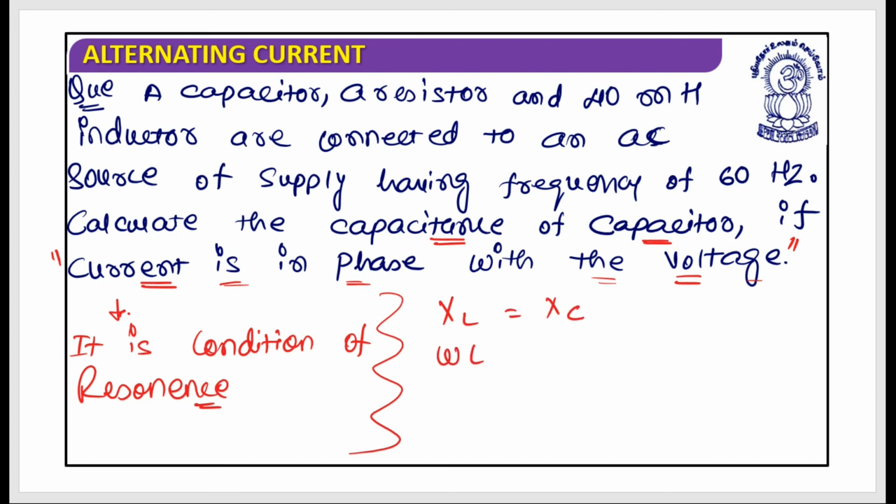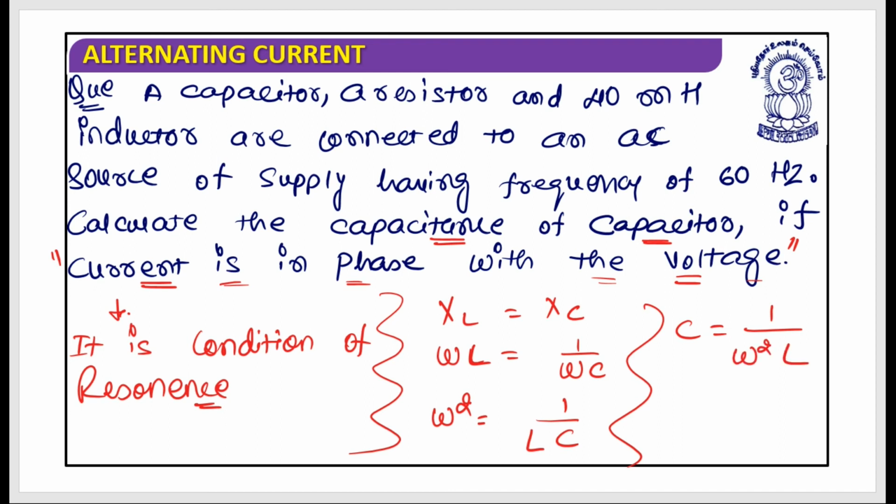So omega L is equal to 1 by omega C. And from this, omega square is equal to 1 by LC. From this you can put the value: C is equal to 1 by omega square L. The frequency is given and the inductance, 40 millihenry, is given. So just put in the values and you will find the answer, 175.7 microfarad. Please do this.